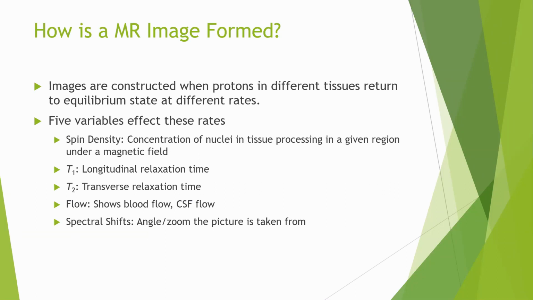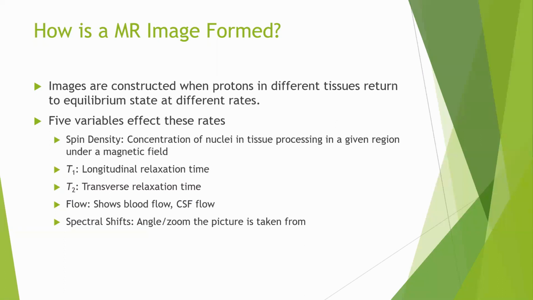Okay. Now, flow. Flow means you have heard about MR angiography, MR venography, angiography for cardiac, basically arterial supply and cardiac health. You can do MR angiogram or MR venography, like for DVT, deep venous thrombosis, right?